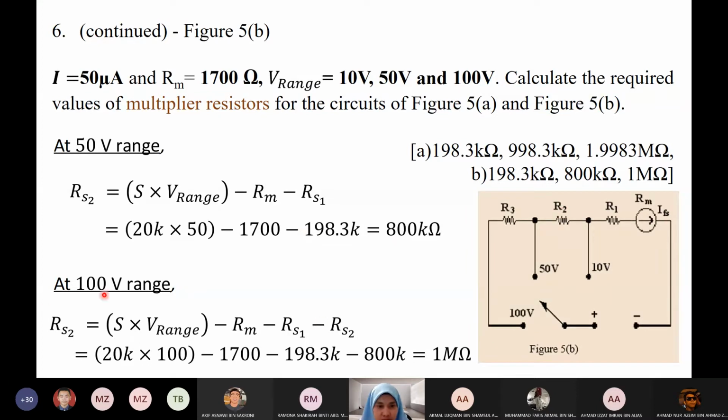Same goes for the 100 volt range. We have R3, R2, R1 and Rm. So we want to find S3 or R3. It is equal to R total minus all the other R. R total is S multiplied with V range. We substitute V range equal to 100 volts and we subtract all R.